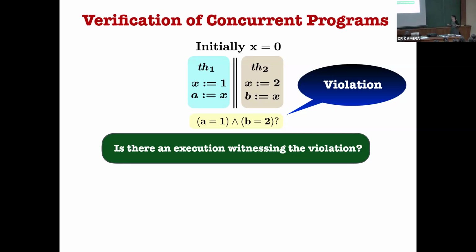Now, there is something called bounded context switching, which is a very well-known under approximation. What I mean by bounded context switching is, you all agreed, right, that when I run the program, I can run process 1 for a long time. I can switch to process 2 whenever I feel like. When I switch, that is a context switch.